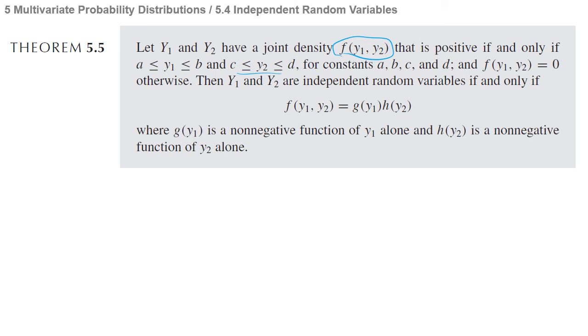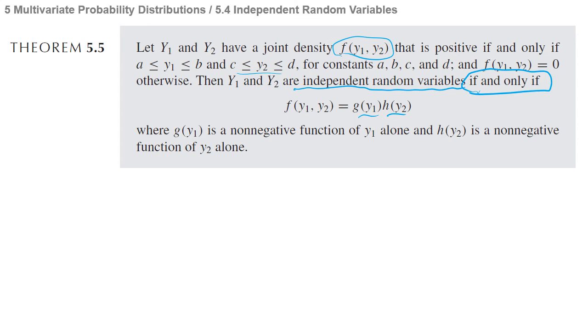Then y1 and y2 are independent random variables if and only if f(y1, y2) is equal to g(y1) times h(y2). And here, g(y1) is a non-negative function of y1 alone, and h(y2) is also a non-negative function of y2. So this is a weaker version of the previous theorem.